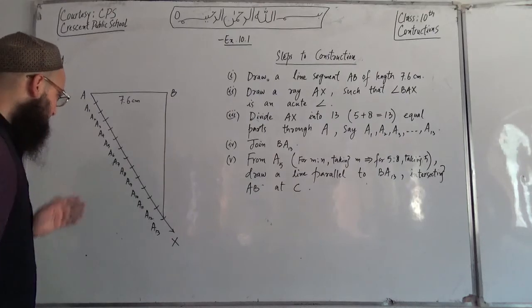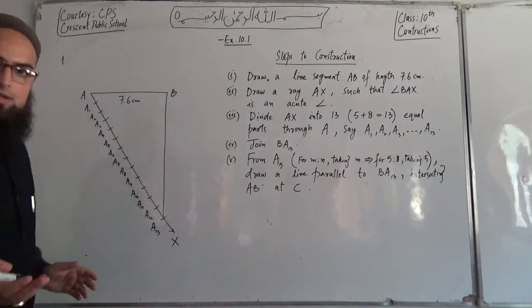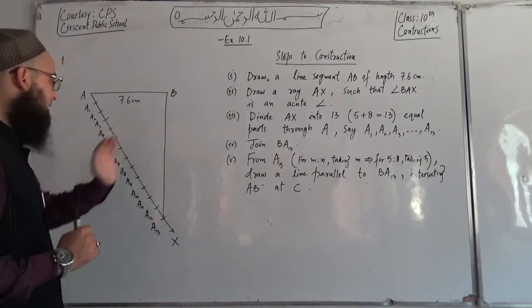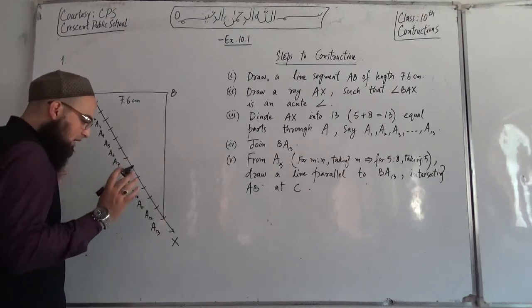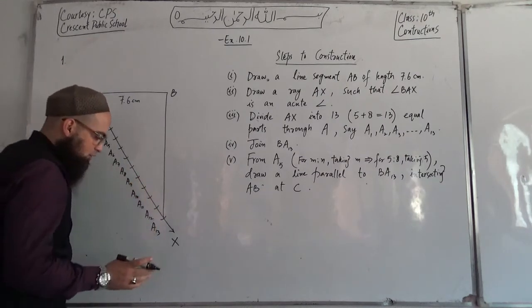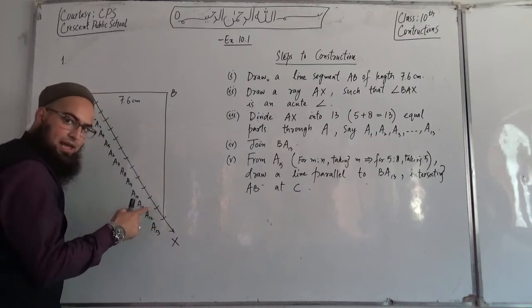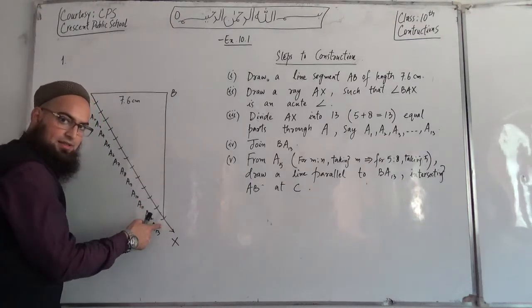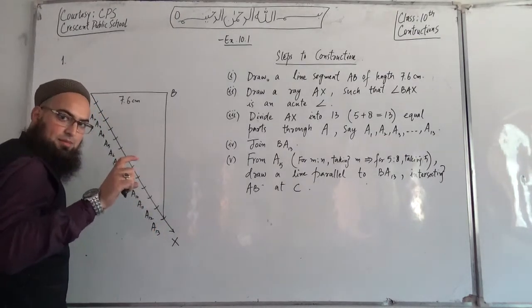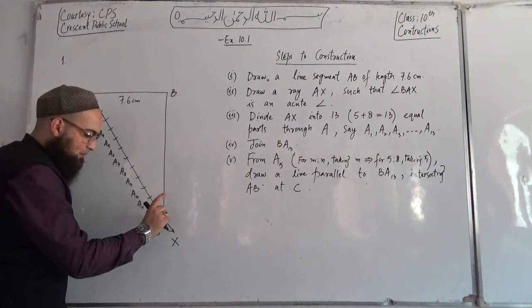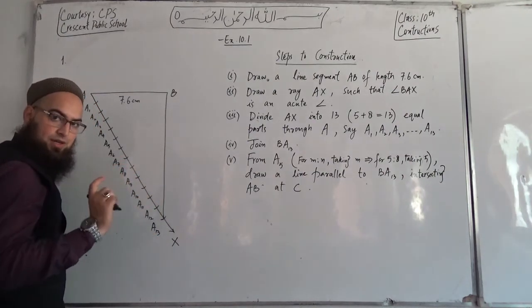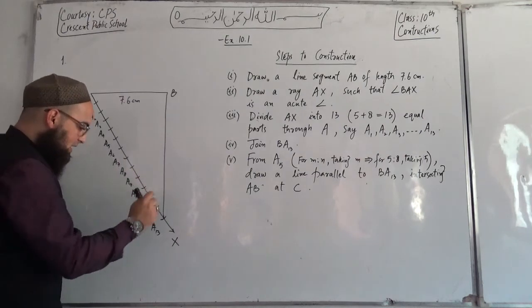Now see. Now the question is, how would you draw a line parallel? First of all, what you do, with A13 as center, take a compass with A13 as center, any convenient radius, draw an arc.